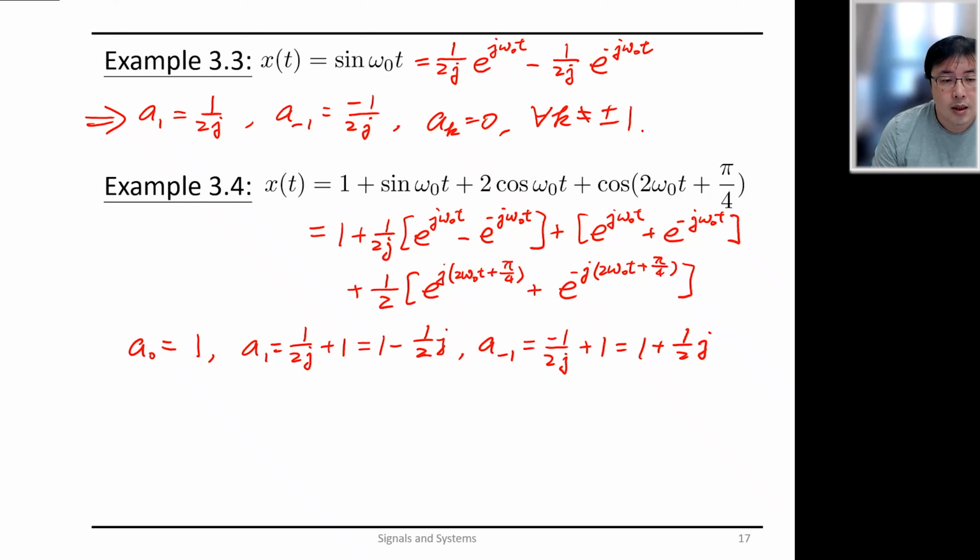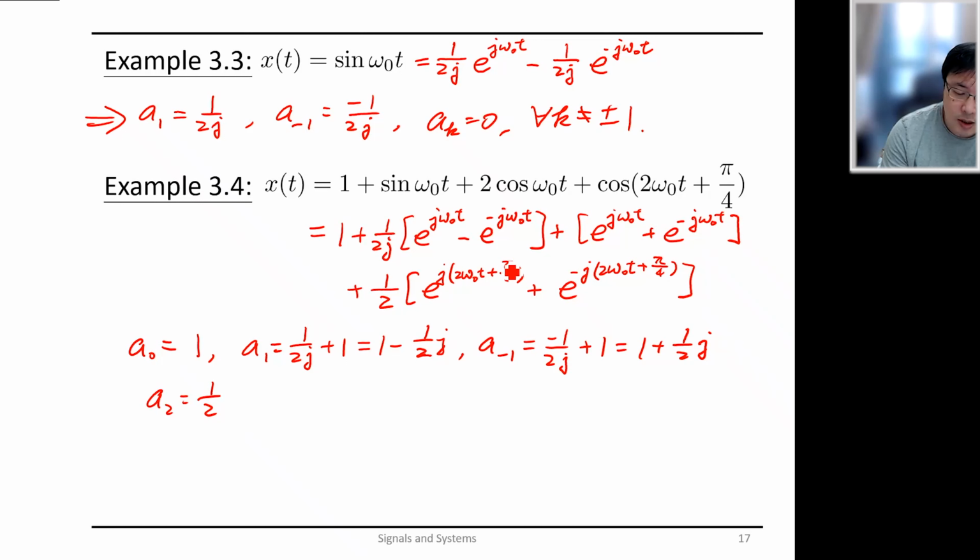Furthermore, other than these fundamental components, we also have the second order harmonics here. The coefficient corresponding to A2 is 1/2 times e to the j pi over 4.